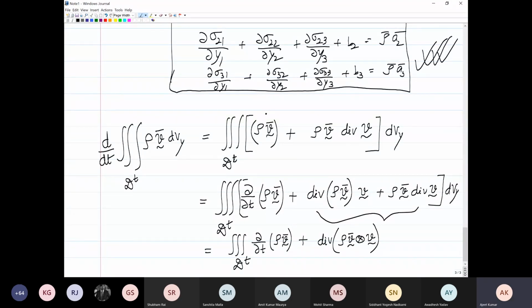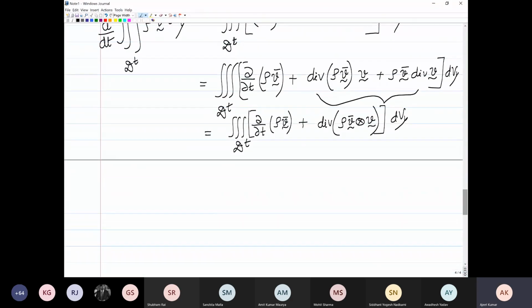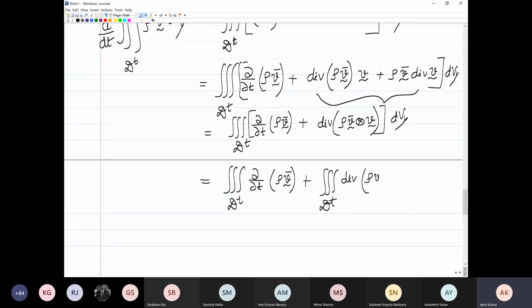So this times dvy is then equal to integration over finally dt del over del t of rho v plus the other one for dt, divergence of the second order tensor.